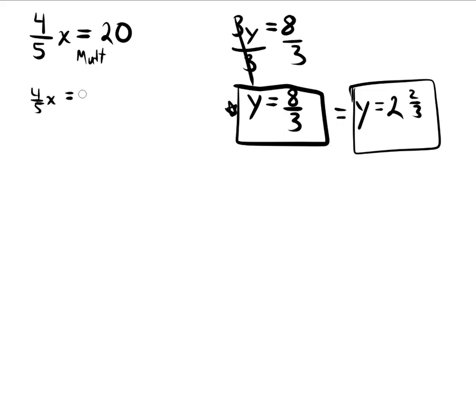So what I have is 4/5 x is equal to 20. And what I want to do is divide that x by the 4/5. The reason I want to do that is because x is being multiplied times 4/5, right? So I need to get rid of that by dividing by 4/5. But if you recall correctly, when you were in 5th grade, you would have done a problem like this.